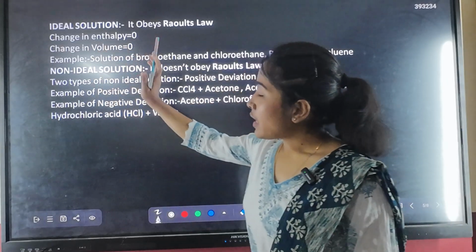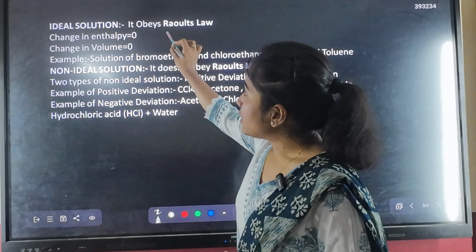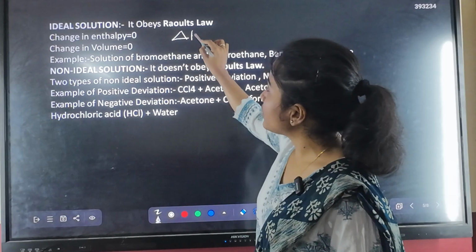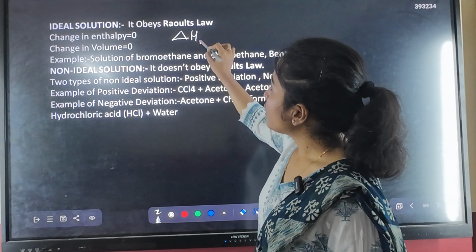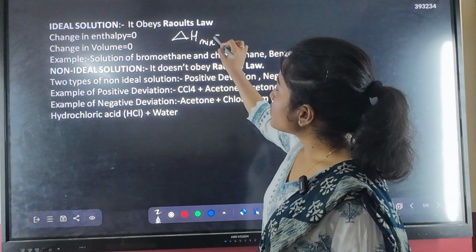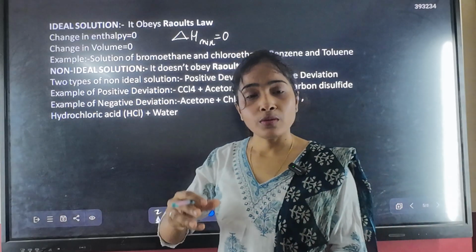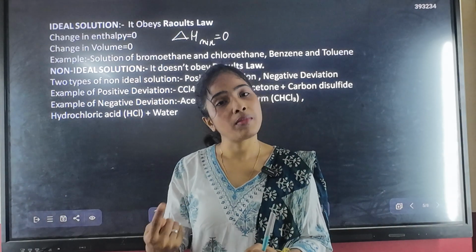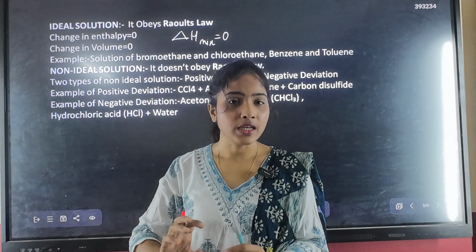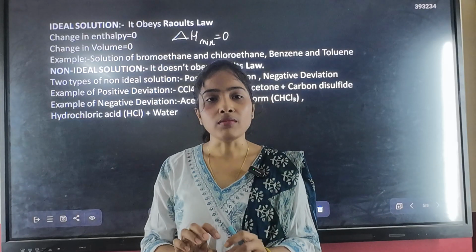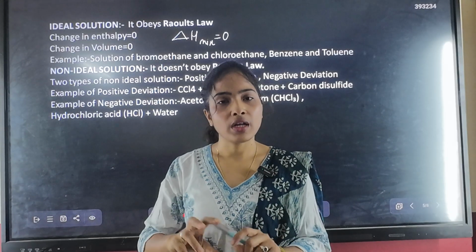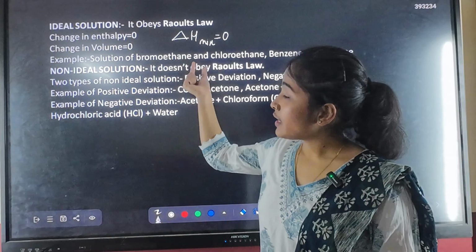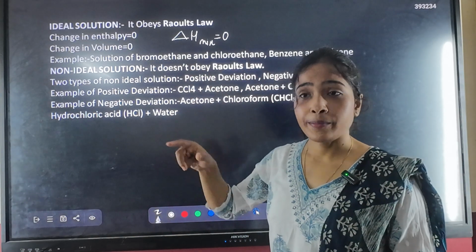In this particular ideal solution, the change in enthalpy, meaning the amount of heat released or absorbed, will always equal 0. मतलब जितना absorb किया है energy bond breaking के लिए, उतना ही amount of energy वो release करेगा, ठीक है. After the component is broken, it will again come back to its original component, right? So उसका जो delta H का value है वो already 0 ही होता है.